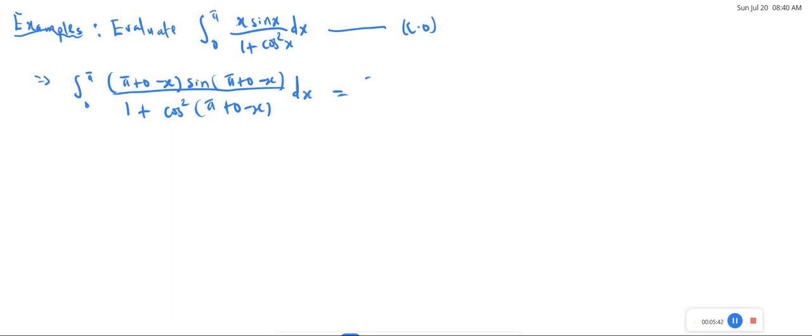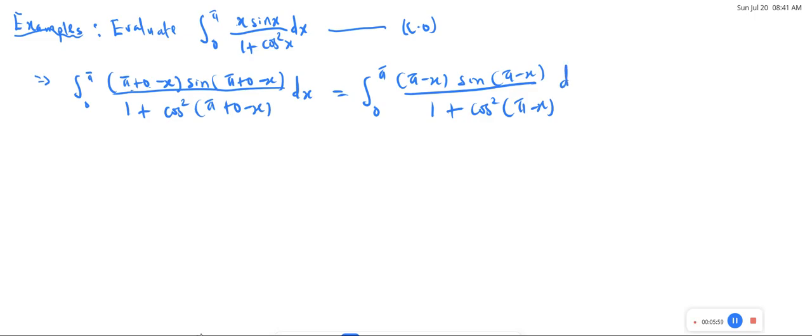So this is going to give us integral from 0 to pi; pi plus 0 will give us pi, so we are going to have pi minus x, multiplied by sine of pi minus x, then everything over 1 plus cos squared of pi minus x dx.